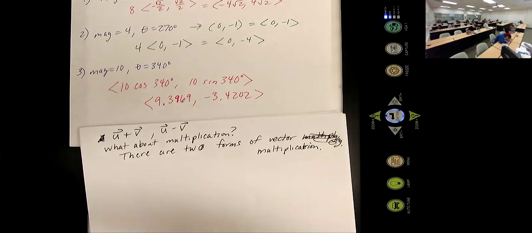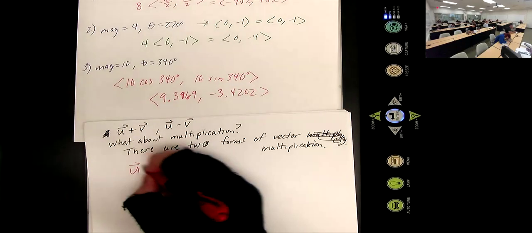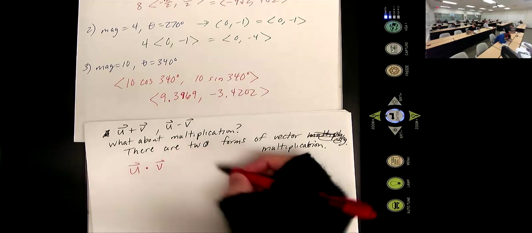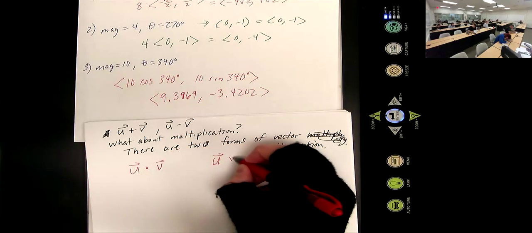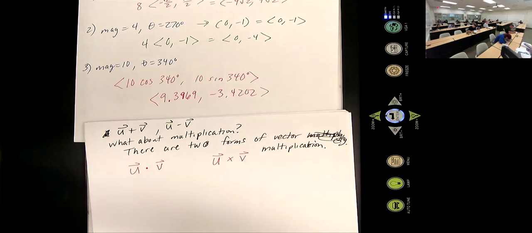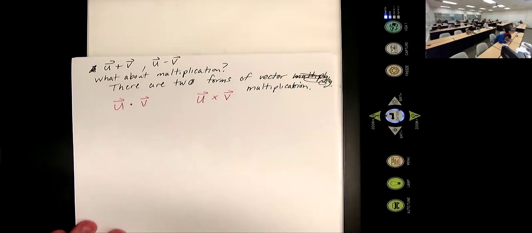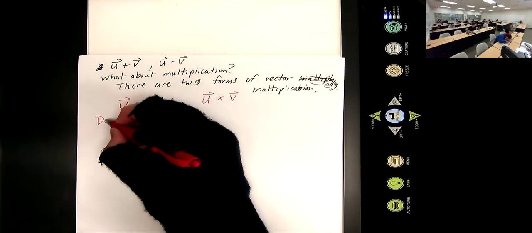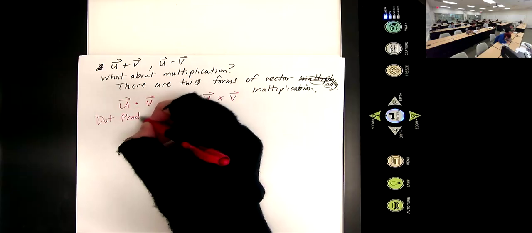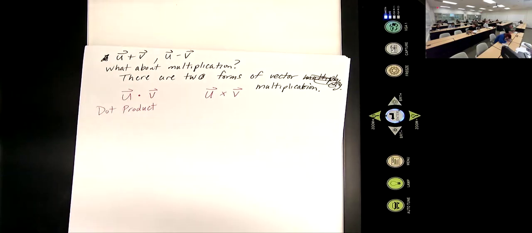We write one of them with a dot between the vectors, and we write the other one with an X between them. This one is called the dot product. Product is the result of multiplication, so that's why it's called the dot product.